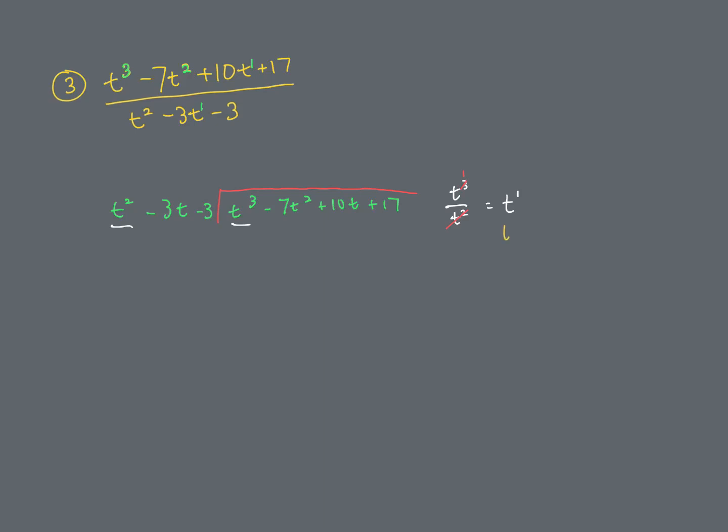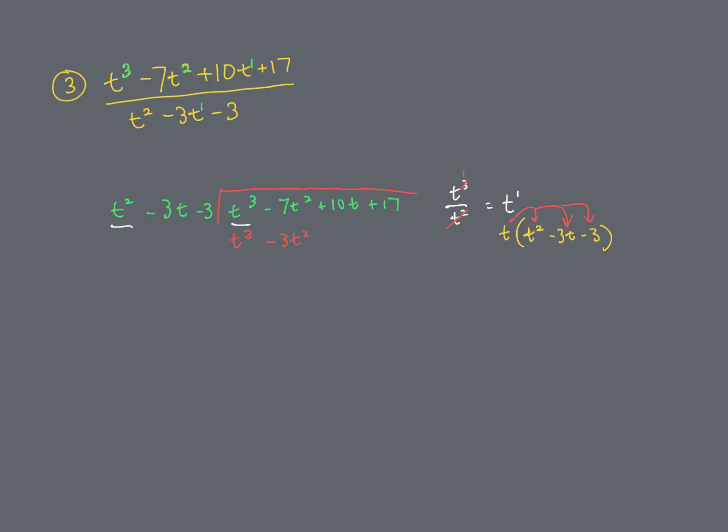Then you want to take that times the number that was on the outside, the polynomial, t squared minus 3t minus 3. And that's going to go below. So t times t squared is going to be t to the third, t times negative 3t.